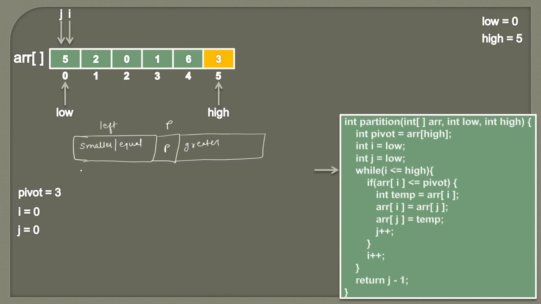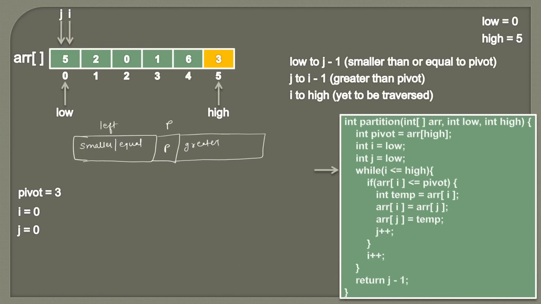So these are the ranges, and if we use these 4 pointers, the range varies like this. From low to j-1 we have smaller or equal elements to pivot. From j to i-1 we have the elements greater than pivot, and we have discussed this in greater detail in our previous videos as well.